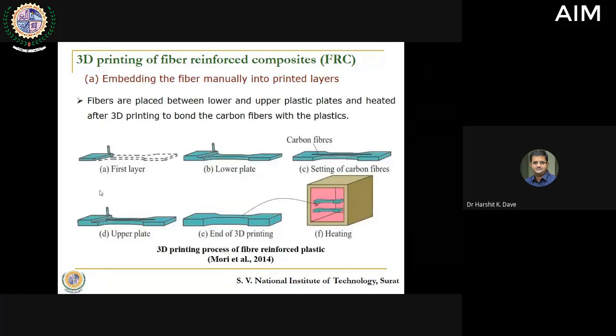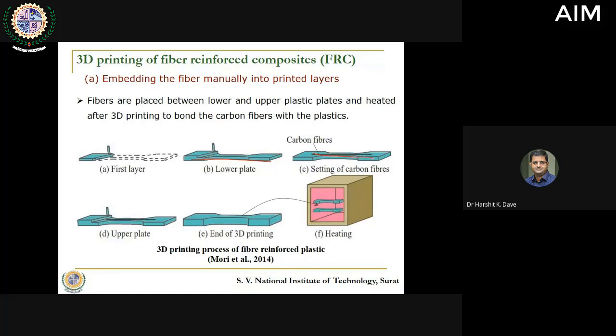The first, which I talked about, is embedding the fiber manually into the printed layers. So here what you initially do is you print the first layer. By the usual method with the filament we print this one layer. After that we place the fibers on this surface.